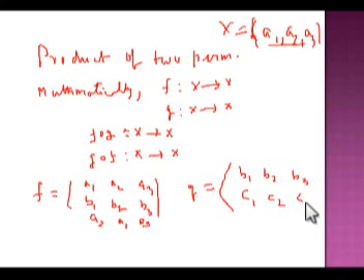These C1, C2, C3 are nothing but A1, A2, A3. But here is another arrangement. Here I am taking A2, A1, A3. Here I am taking A3, A2, A1. So these are the arrangements.